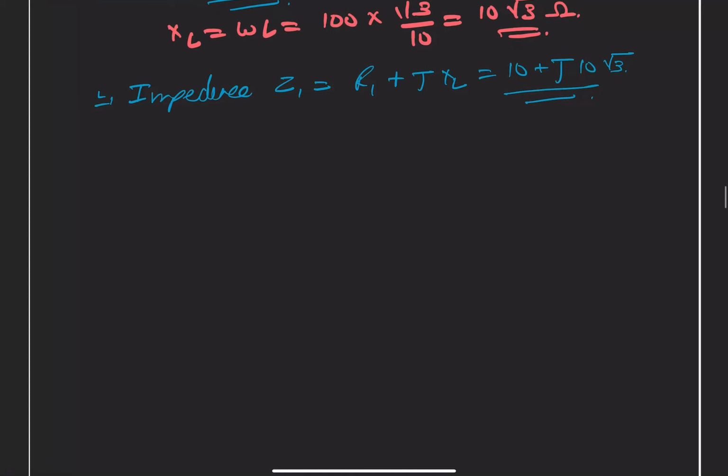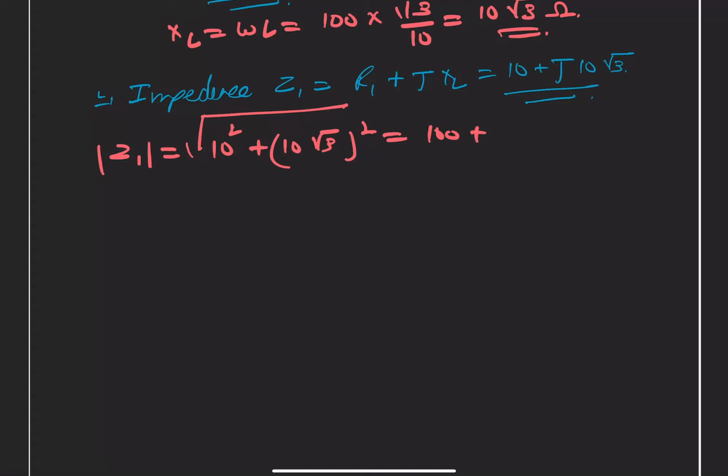We can find its magnitude. So the impedance Z will be equal to the square root of 10 squared plus (10√3) squared. We get 100 plus 300, the square root of 400, which comes as 20 ohms.